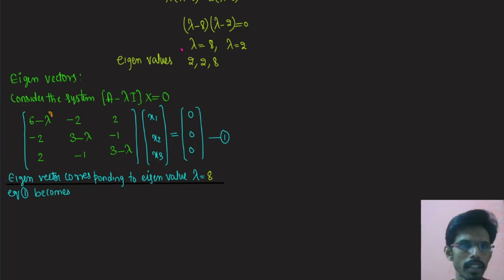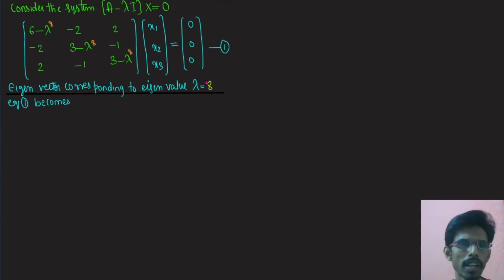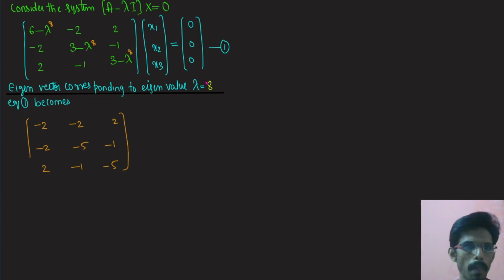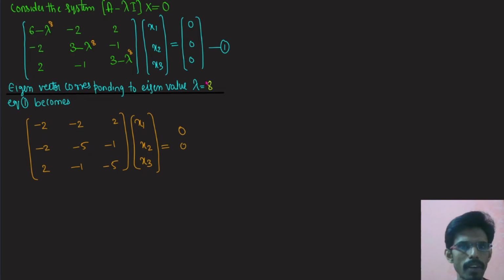Here I'll get 8 in place of lambda. So this will become 6 minus 8 will be minus 2, minus 2, 2, minus 2. 3 minus 8 will be minus 5, minus 1. Next we have 2, minus 1, 3 minus 8 will be minus 5. Now here I have x1, x2, x3, the column vector or eigenvector, and here I have the null matrix.